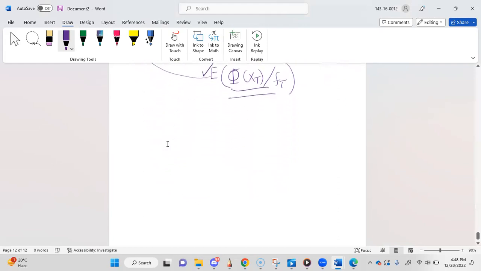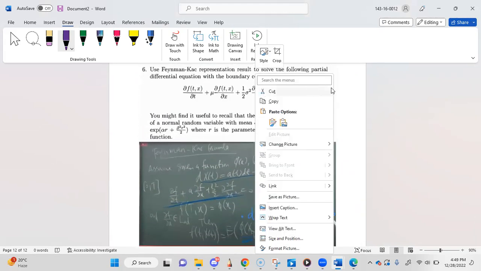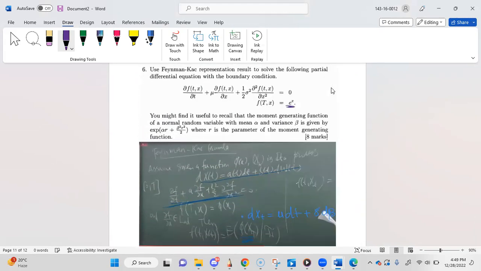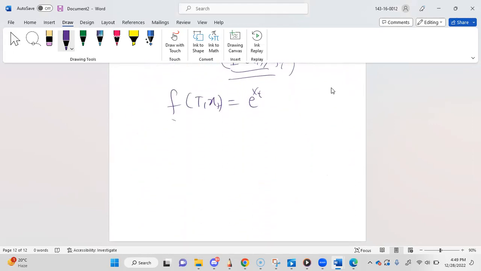In our case, f(t, x) is basically e^(x(t)). How did we get the e^x? Just from the initial data, sorry, boundary data. This is our f of t, and maybe you can write it as phi equal to e^(x(t)). So this is my phi.